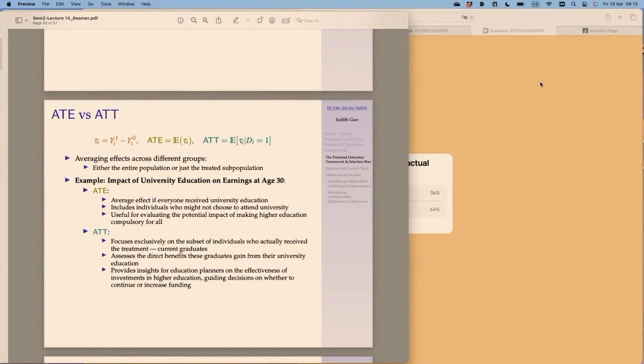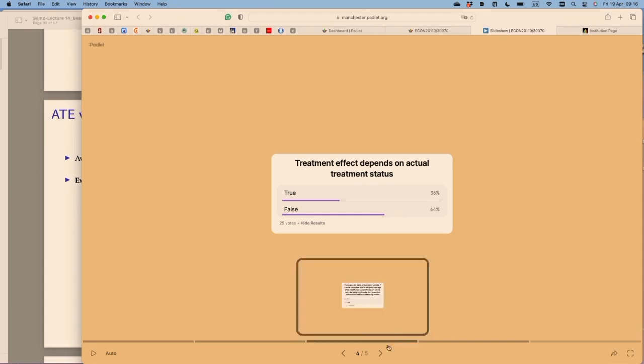But the treatment effect is about comparing the same you in the same state. Imagine at the same point in time, there are two universes. The two universes only differ in terms of the treatment status. In one universe, you're not treated. In the other universe, everything else is the same, but you are treated. It's about comparing that, not comparing before and after. So the actual treatment status doesn't tell us anything about the treatment effect itself. So this is a false statement.